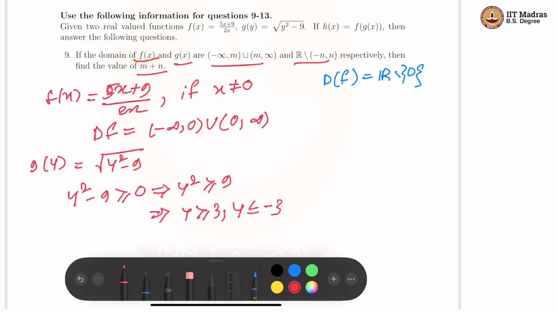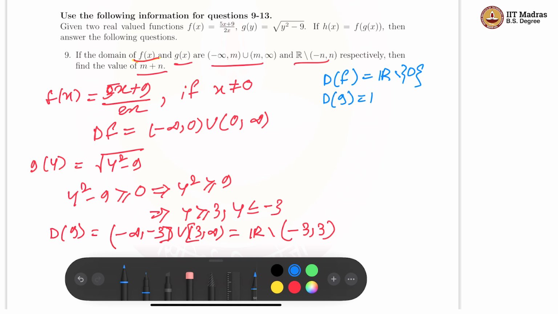That means the domain of g will be minus infinity to minus 3 union 3 to infinity. So we can write it as the whole real numbers minus the open interval from minus 3 to plus 3. So this is the domain of g.